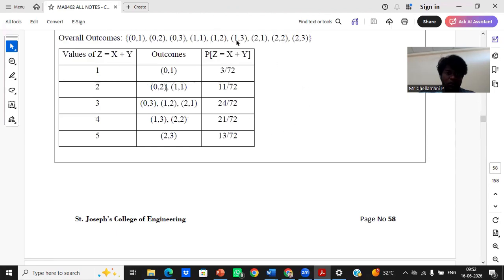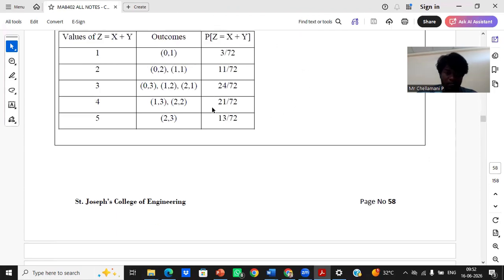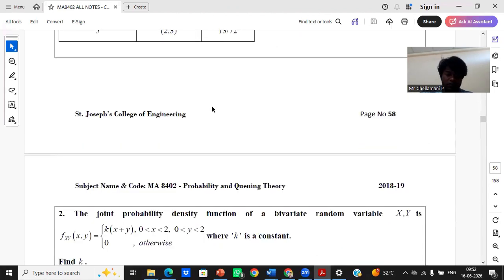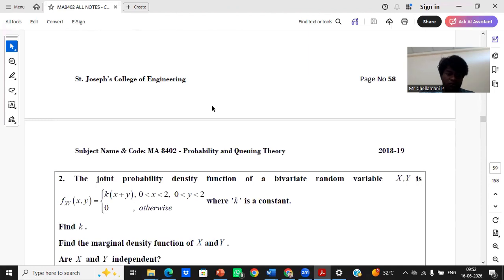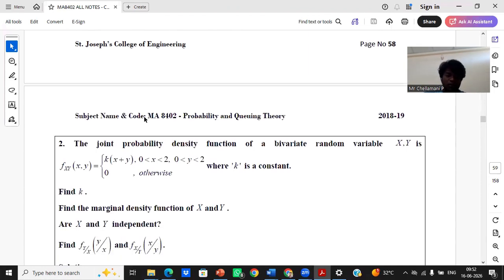So this is the solution of our first problem. Next, we're going to see problem number 2, which is a joint probability density function. The above problem was a probability mass function, that is the discrete case. Here a probability density function is mentioned, so it is a continuous case.